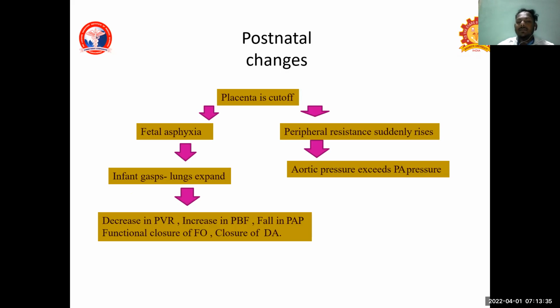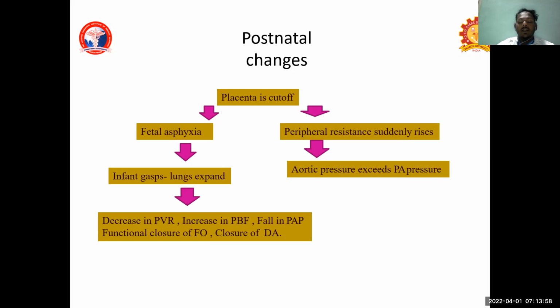Sudden cutoff of the placental blood flow, fetal asphyxia, the infant gasps for lung expansion, and the lung expands and it produces a decrease in pulmonary vascular resistance, so there is increased blood flow to the lungs and a fall in the pulmonary arterial pressure.